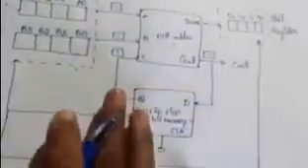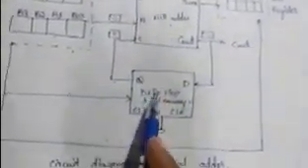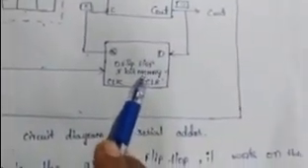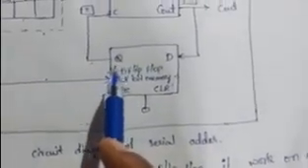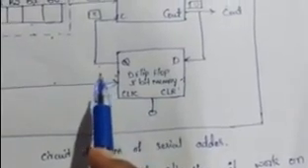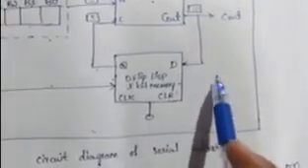Now the next block of the serial adder is the D flip-flop. The D flip-flop is a 1-bit memory device. It contains Q, D, CLK and CLR. Here Q represents the output state of the flip-flop and D is data.